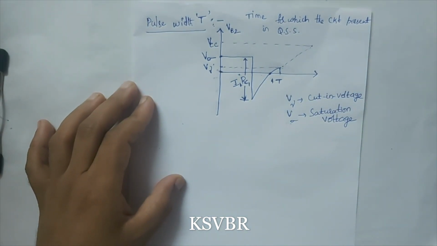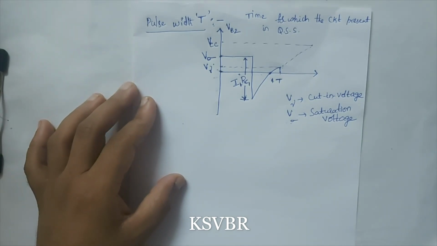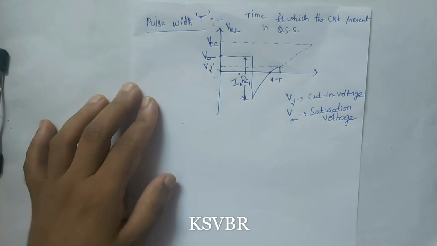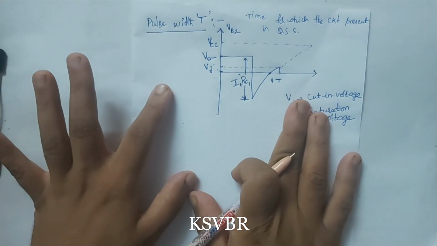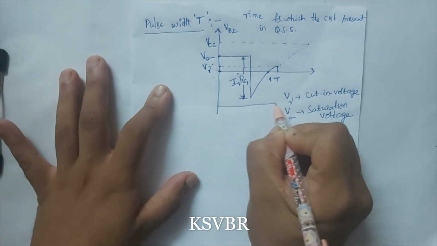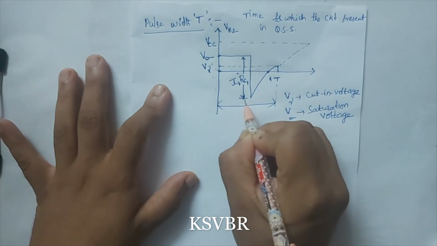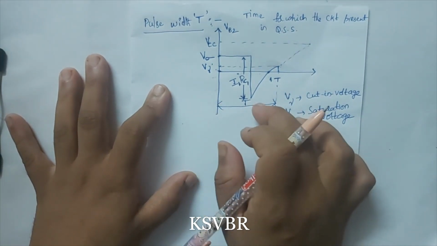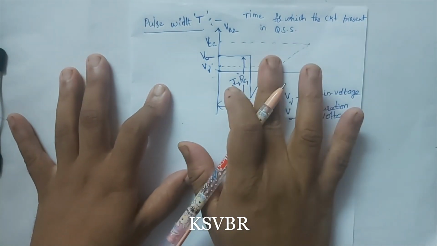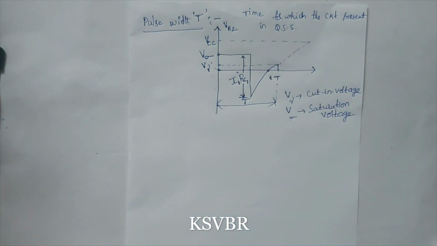That means I1 is the current that we have already seen, and RC1 is the collector resistance of transistor Q1. Depending on all these terminologies, we are going to find out this total T. Pulse width we are going to find. That means during how much time the monostable multivibrator will be in our quasi-stable state.